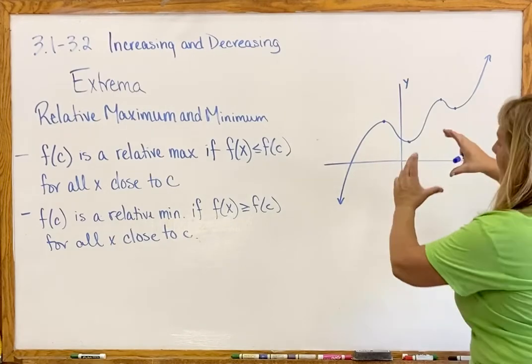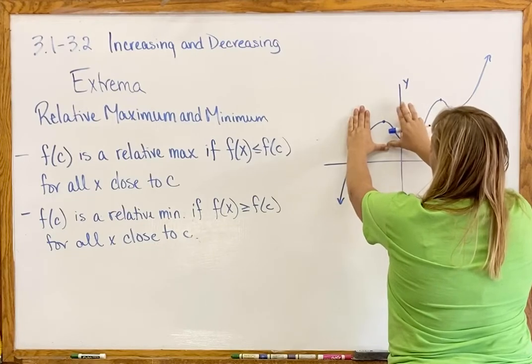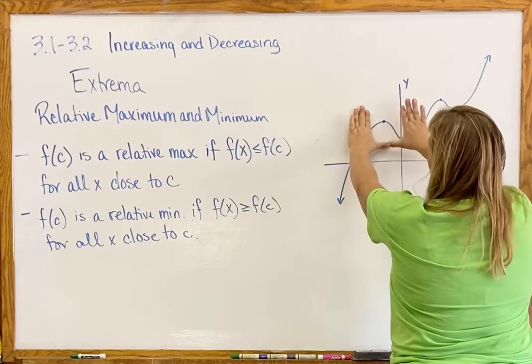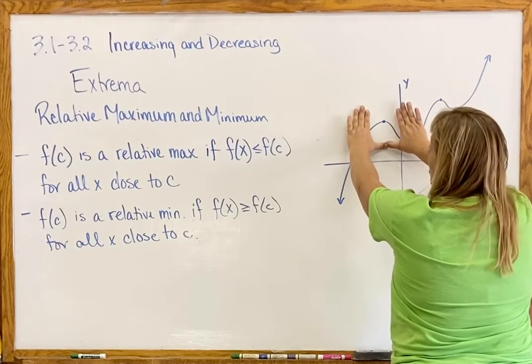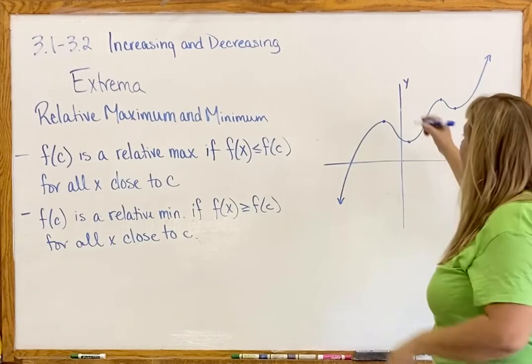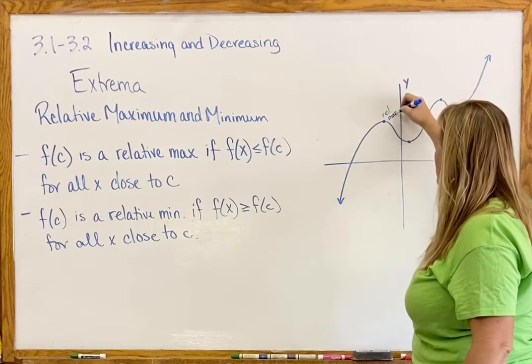So think about zooming in on just this part of the graph right there. When you look at just that part of the graph, is that value a maximum compared to all of the values around it? And it is, isn't it? So we call this a relative max.